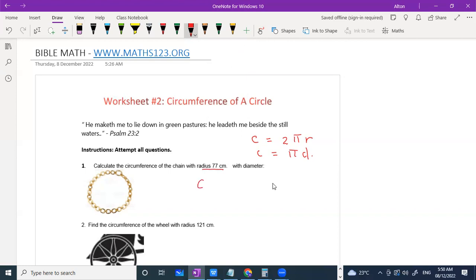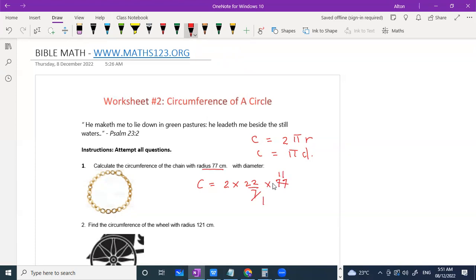So the circumference here would be 2 multiplied by, let's take pi as 22/7, multiplied by the radius, which is 77. And we can cancel 77 here to give us 11. 77 divided by 7 is 11.